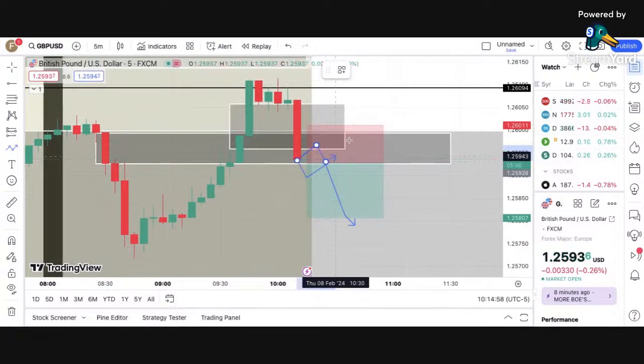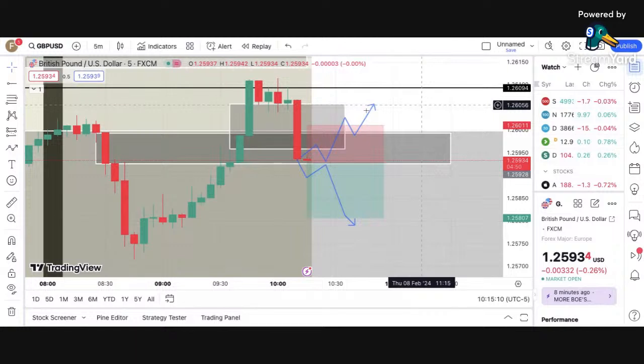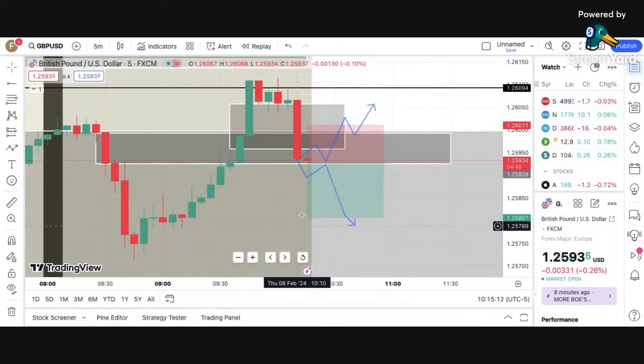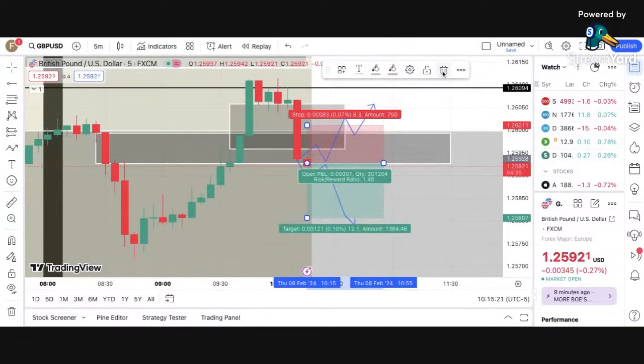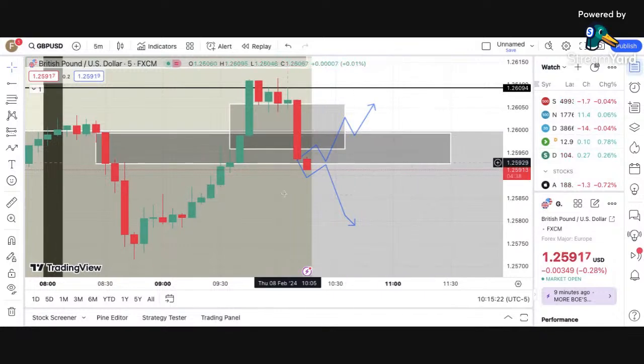It'll have to show me the rejection. I will make my trade off of this entry right here to take it back up, if it wants to go up. To go down, I need it to come down, retest, then go down. That's how I use the gaps.